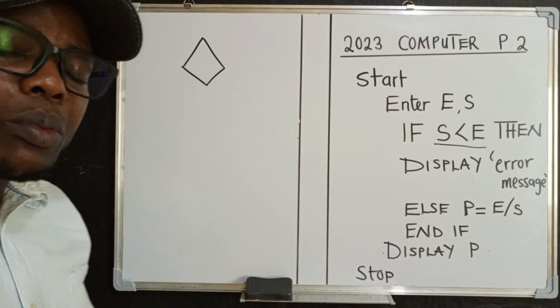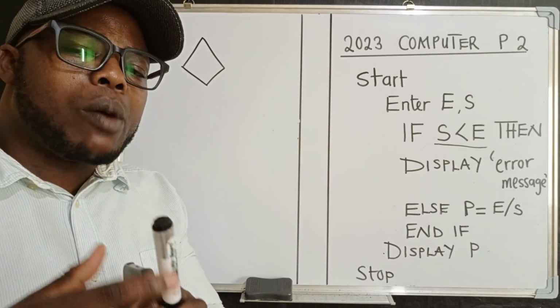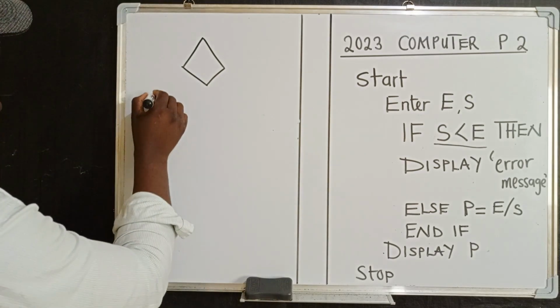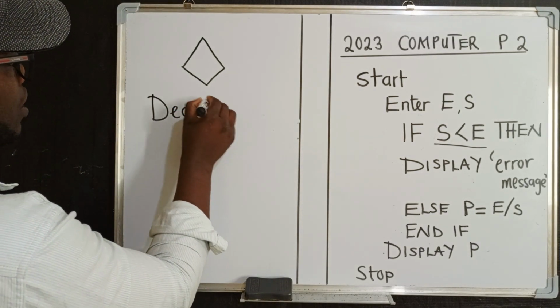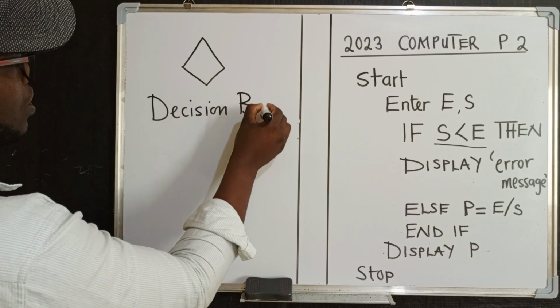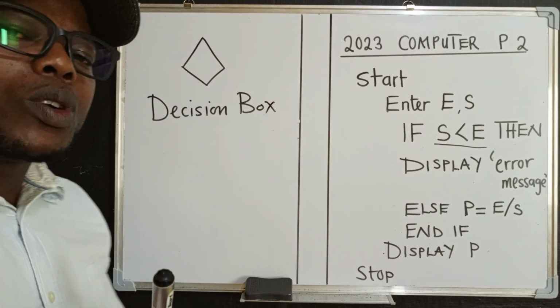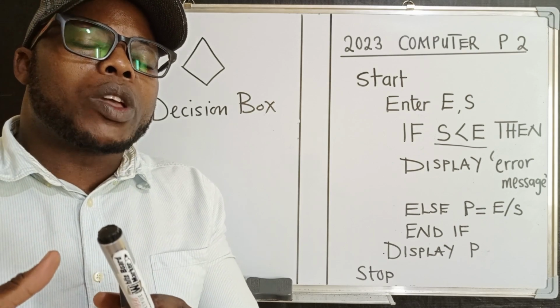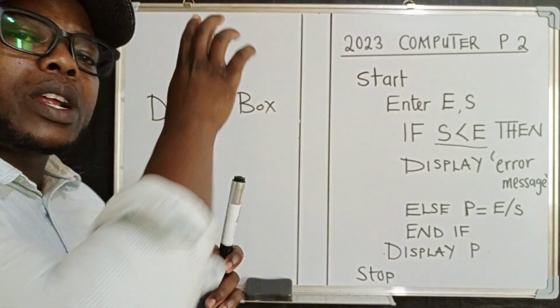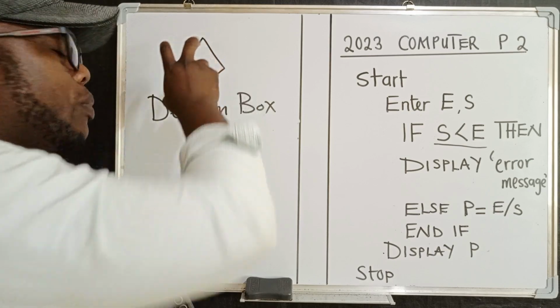This is a diamond shape. So for the diamond shape, we call this a decision box. Decision box. This is where all the decisions of the computer, or we can call it the brain of the computer, is at this point.